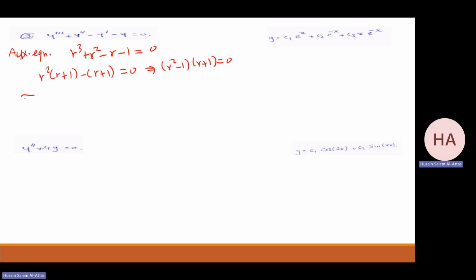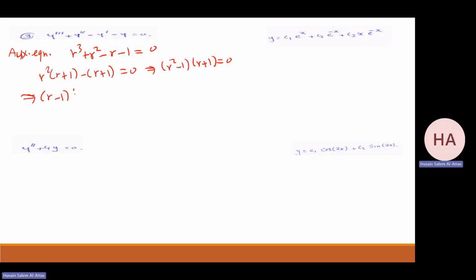Okay, so I have the auxiliary equation r cubed plus r squared minus r minus 1. I think I can factor it by grouping: r squared times r plus 1 minus r plus 1 equals 0. So I can write r squared minus 1 times r plus 1 equals 0.